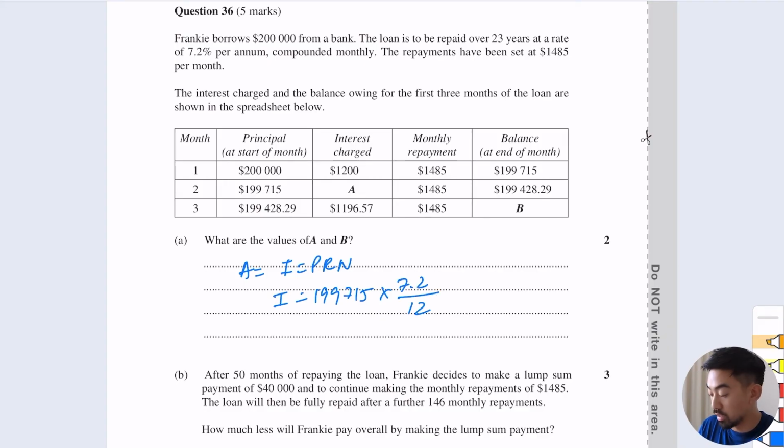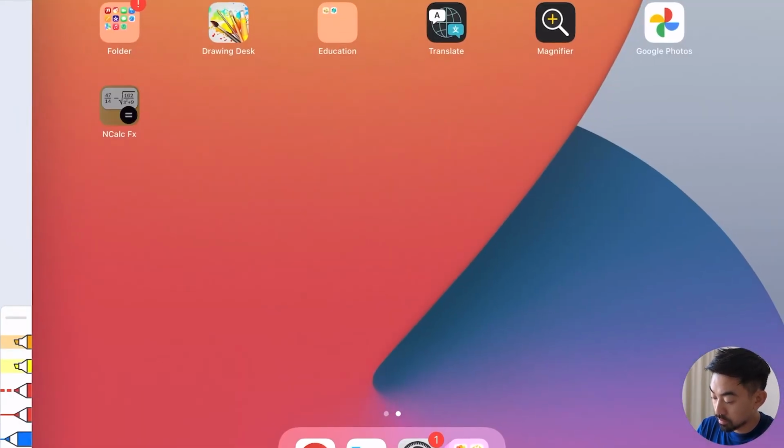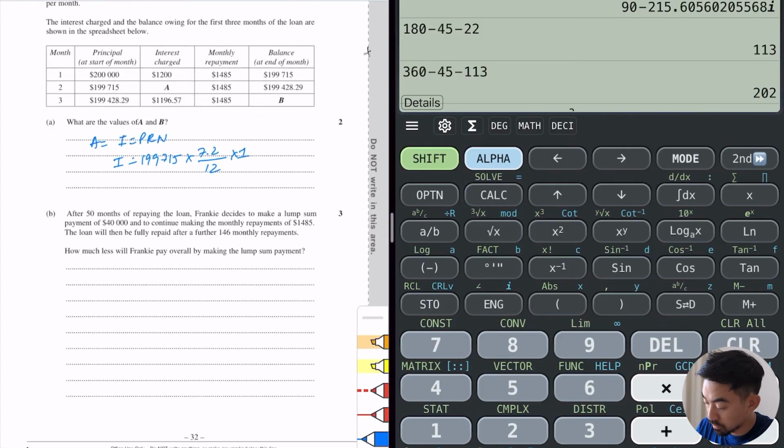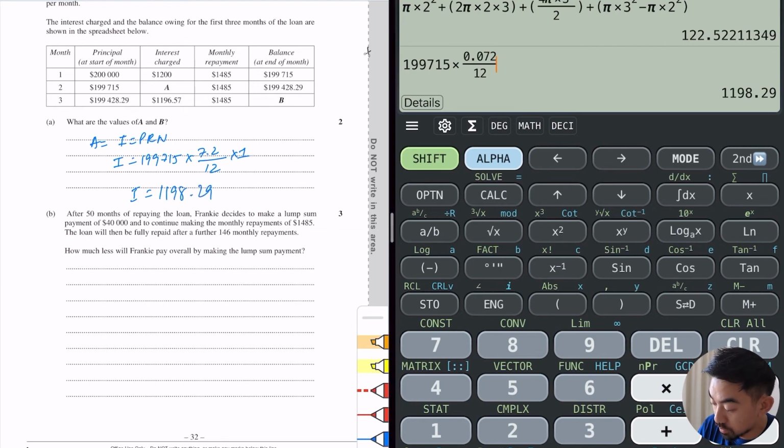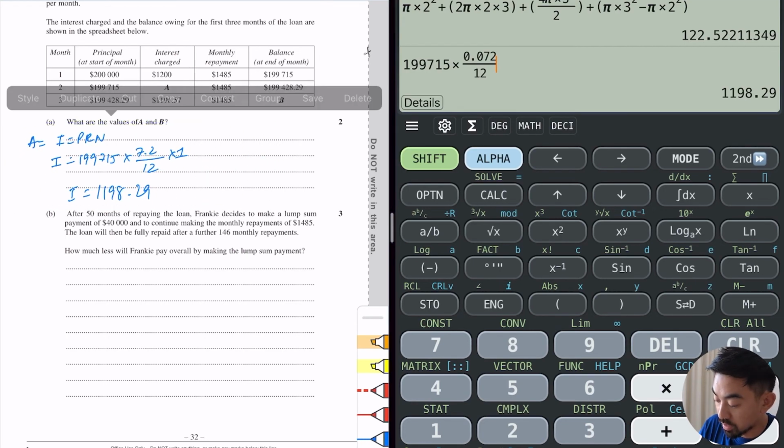And my N is 1 here. $199,715 times 0.072 over 12, which is 1198.29. Getting a bit sloppy here. All right, so I'll write that over there.